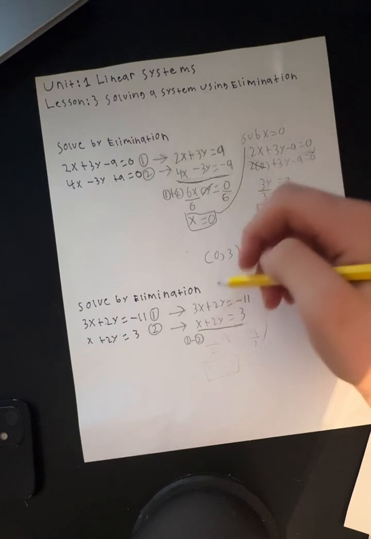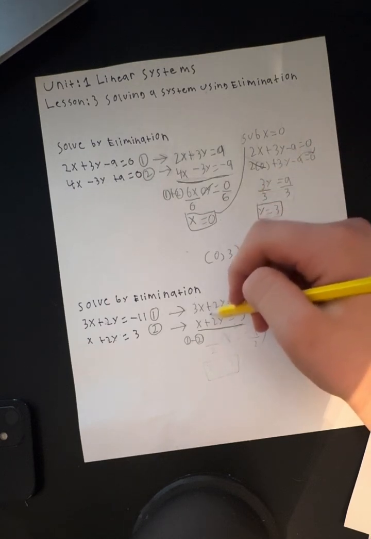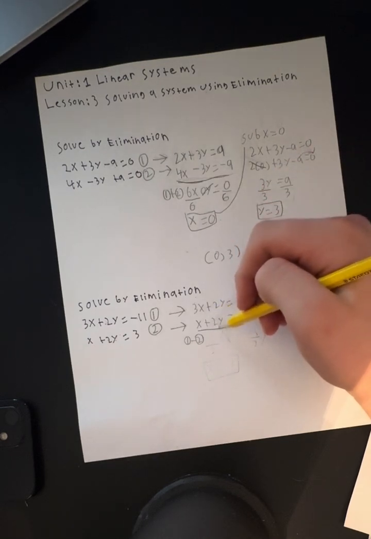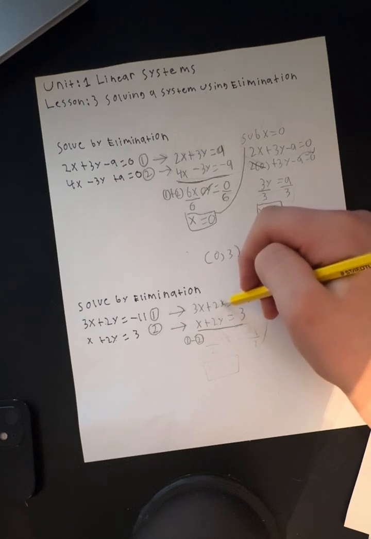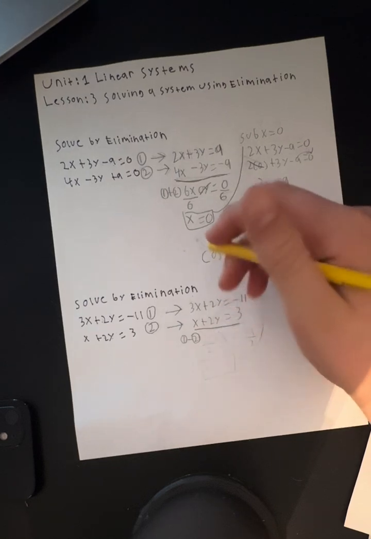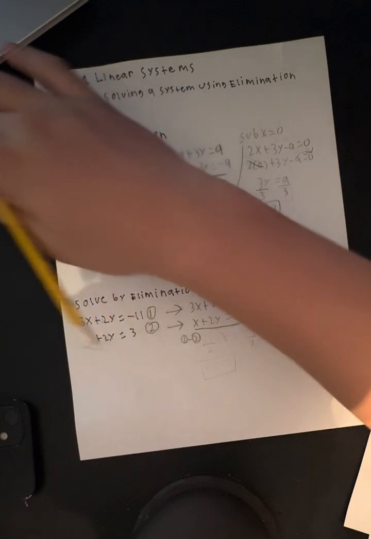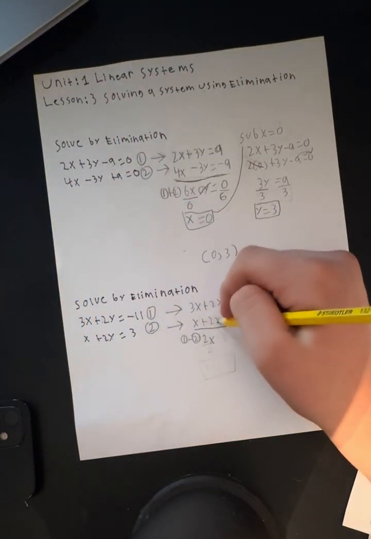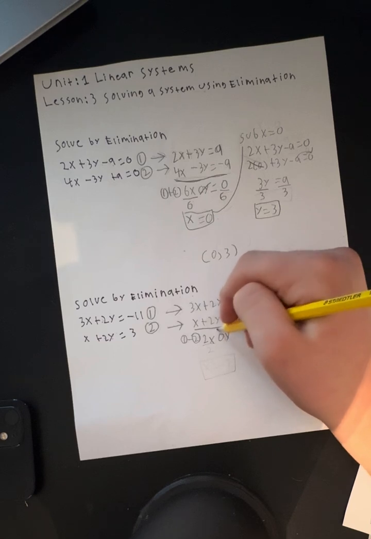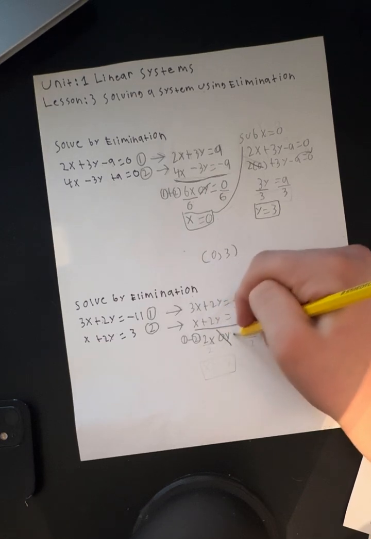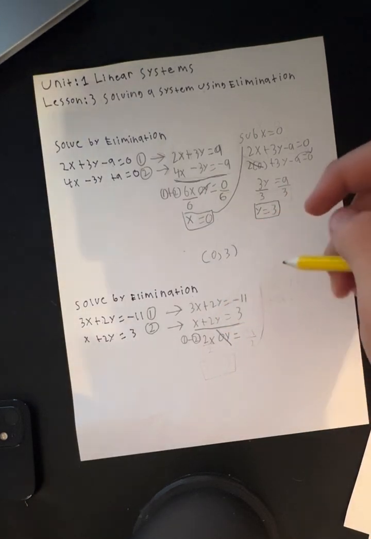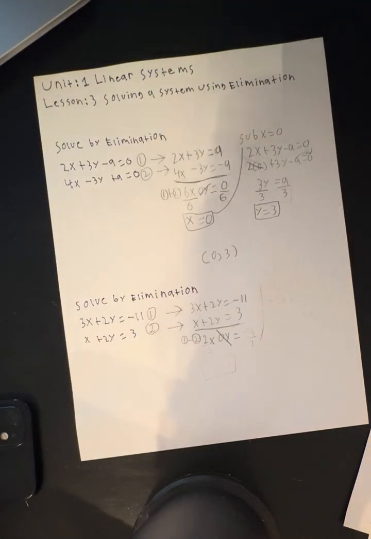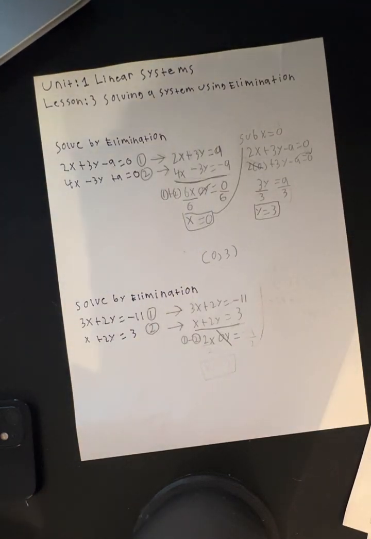This is because 2y plus 2y equals 4y, but 2y take away 2y just equals 0, and that is what we were looking for. So 3x take away x equals 2x, and 2y take away 2y equals 0y. We can just cross that out. And then negative 11 take away 3 equals negative 14.